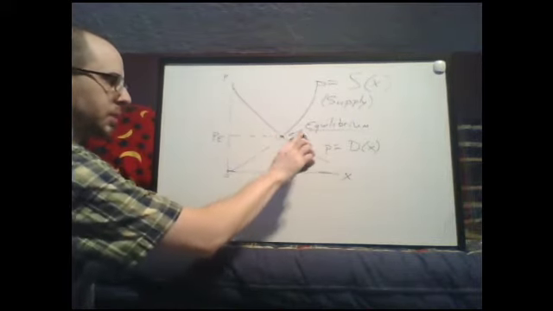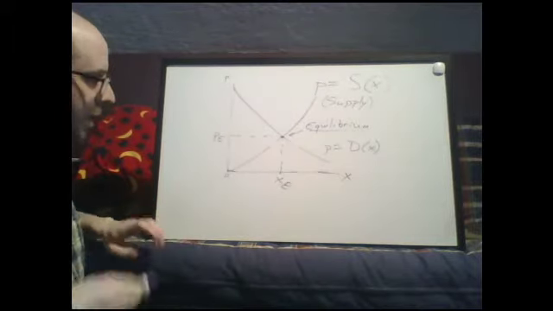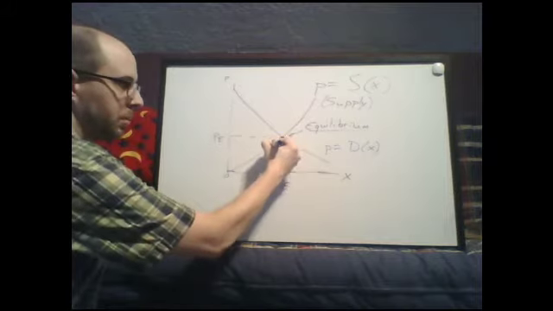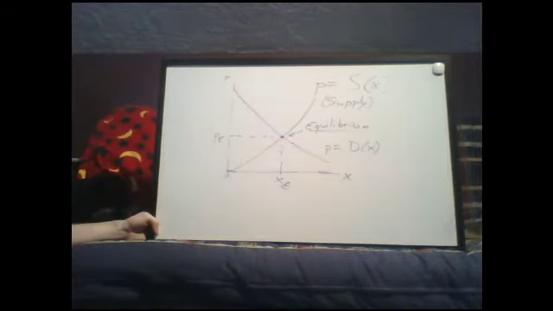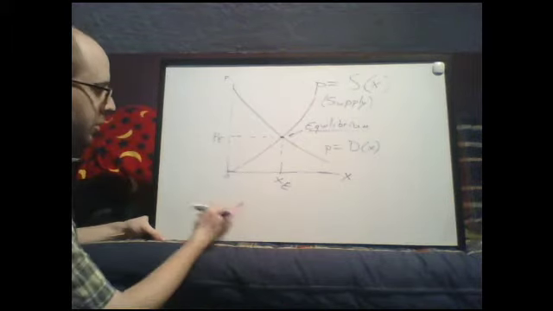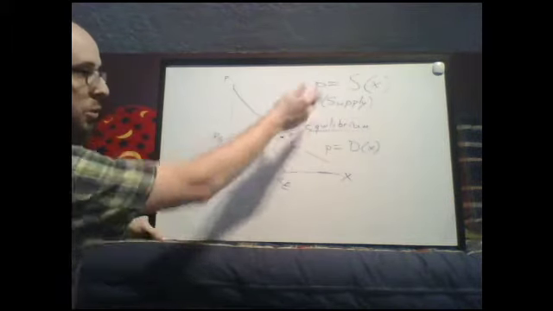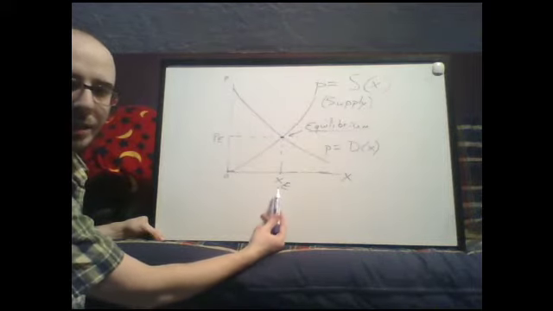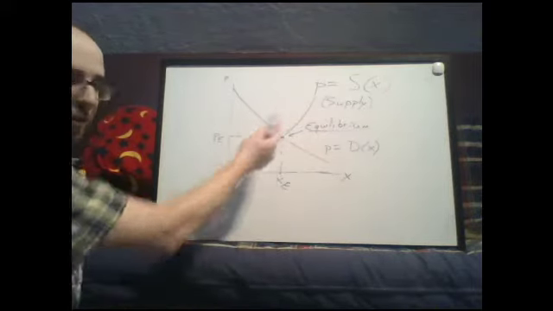The companies are producing exactly the amount of product that there are people willing to buy. So people are willing to buy exactly the amount of product that's being made. Okay, so the equilibrium point we find by setting the two curves equal to each other and then solving for x. And that gives us the x value. Then we plug it into either function to find the p value.